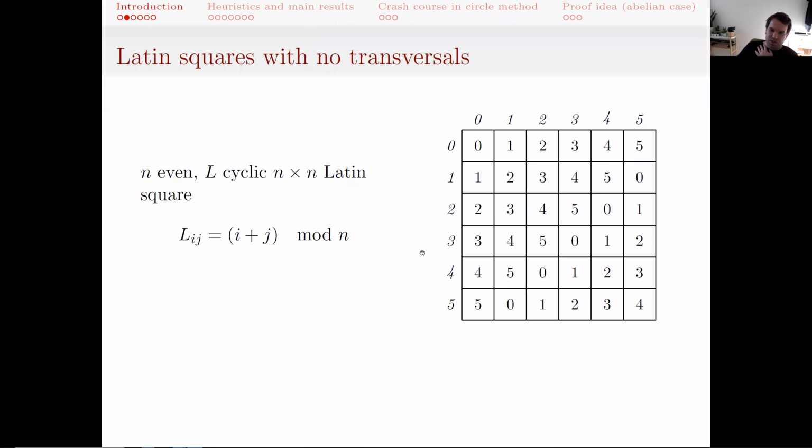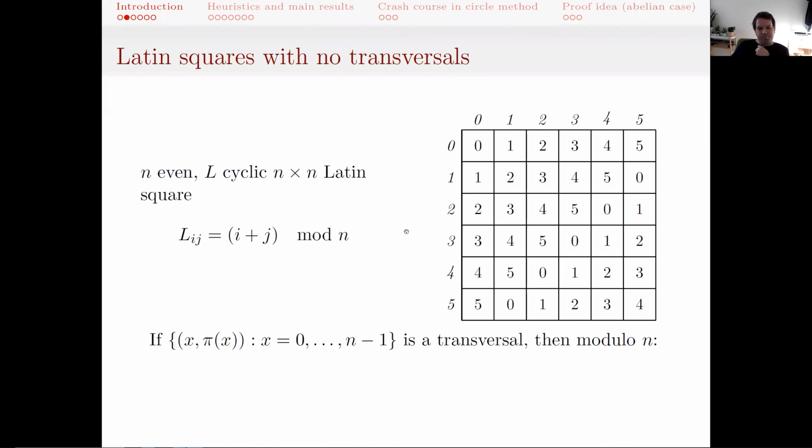What I claim is that for n even, this is an example of a Latin square with no transversal, and it's actually quite easy to prove. So if there were a transversal, then you would have some bijection phi, and so these would be your coordinates of cells, and then modulo n, we would have the following.